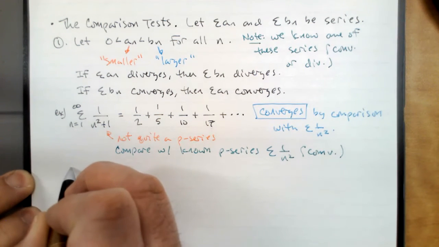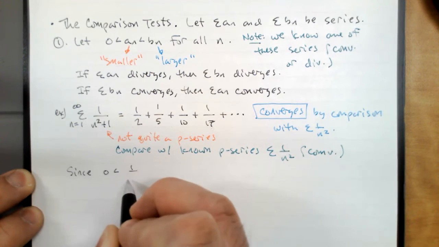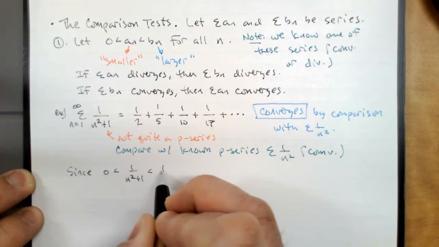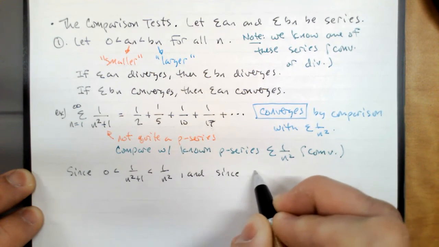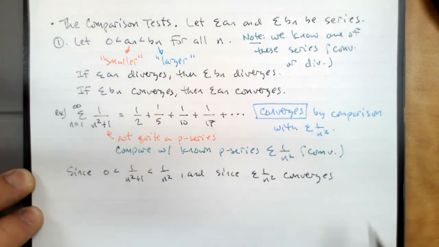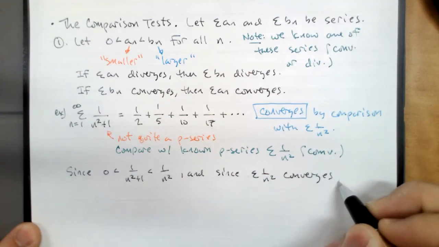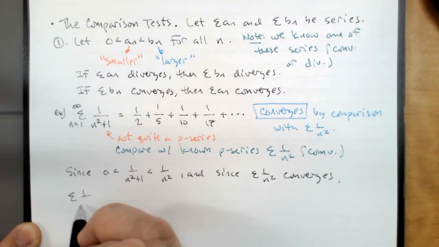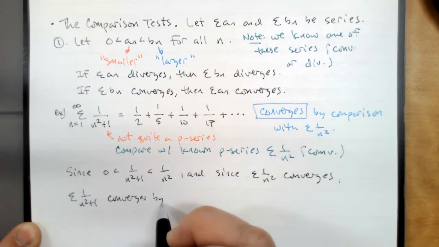So the argument would be, since 1 over n squared plus 1 is less than 1 over n squared, and since the series 1 over n squared converges, because it is a p series with p equal to 2, we can conclude that the series 1 over n squared plus 1 converges. By the comparison test.